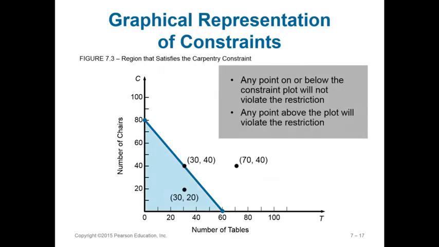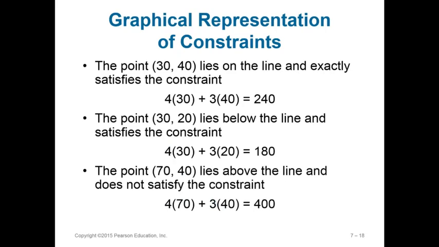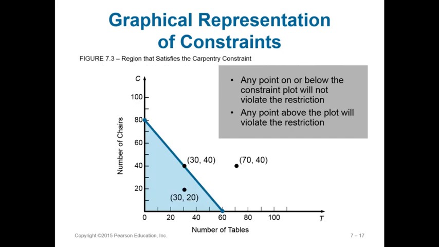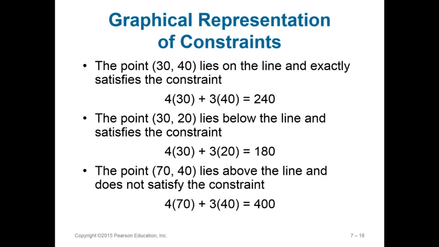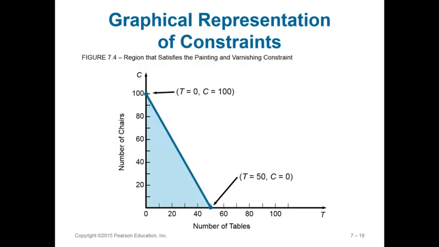But you also happen to have a constraint on here with the painting and varnishing, and that's not included in here. Now, as I said, anywhere along that line or under that line keeps you with the 240 or less hours worth of carpentry that you can use.